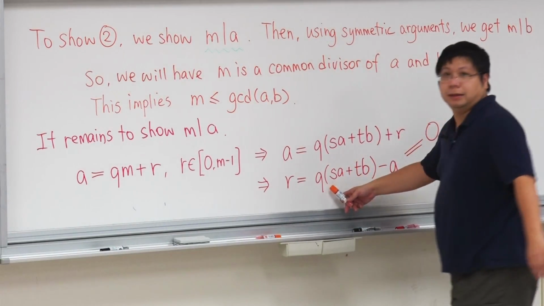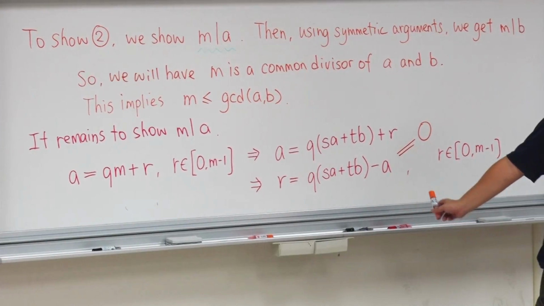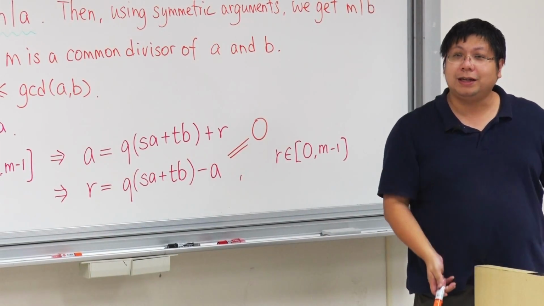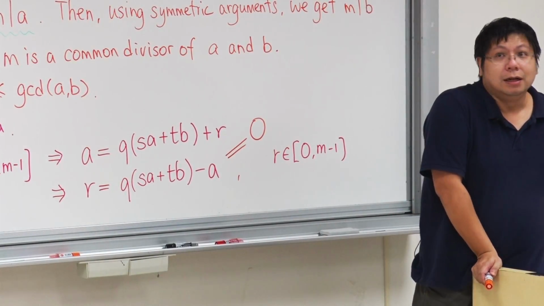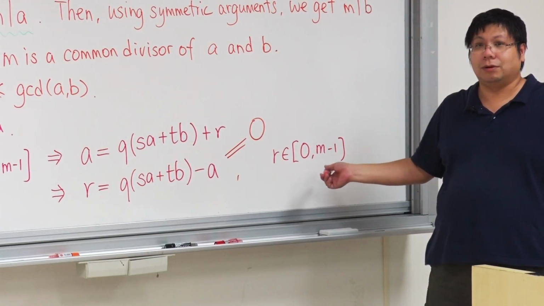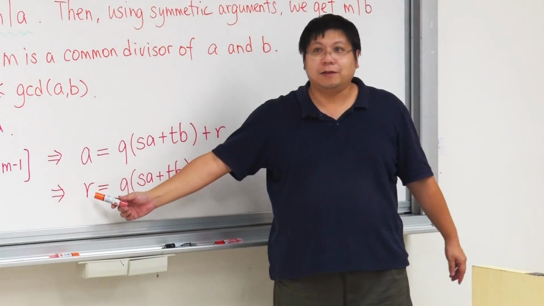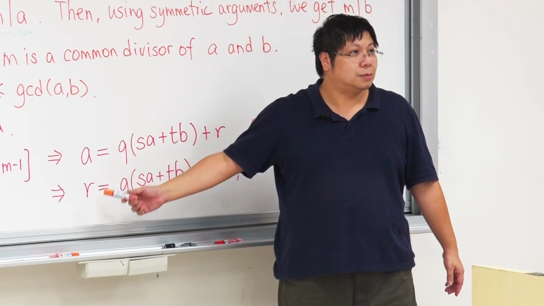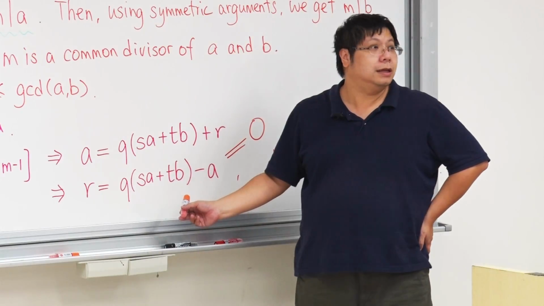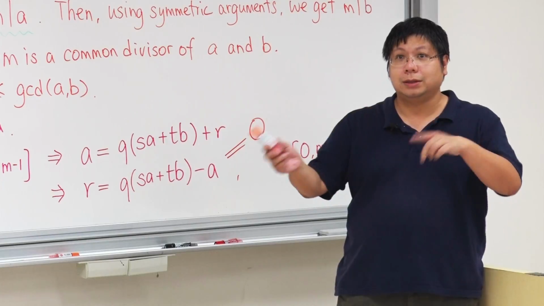R is a linear combination of A and B. And M is the smallest positive linear combination of A and B. If R is not 0, let's say R is equal to 2, then in that case, we find a smaller positive integer, smaller than M, that is a linear combination of A and B. This is not okay. This contradicts the choice of M.